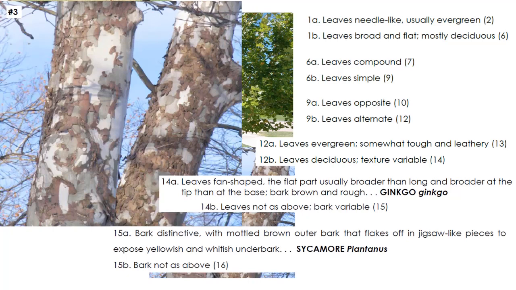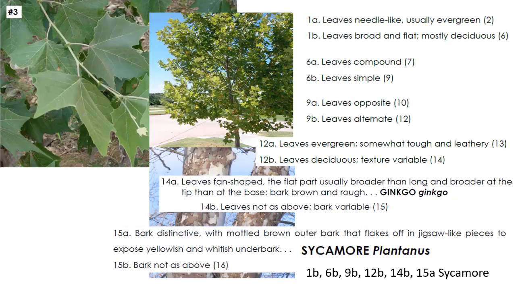So this is a sycamore. And the full path to the sycamore is 1B, 6B, 9B, 12B, 14B, 15A, sycamore.